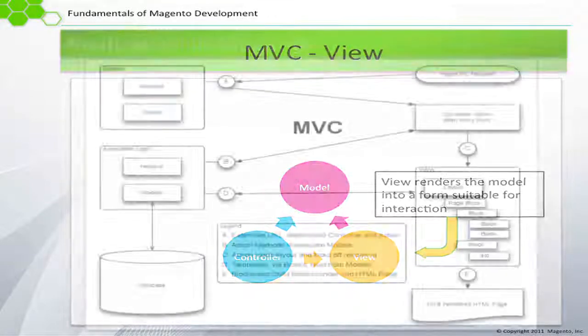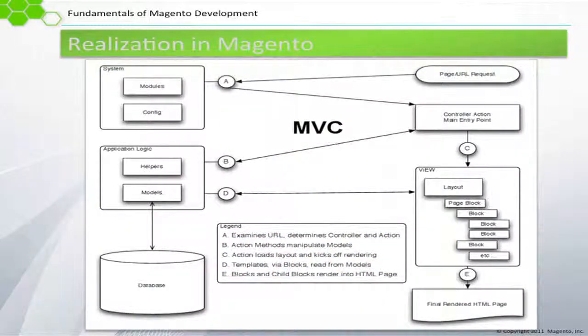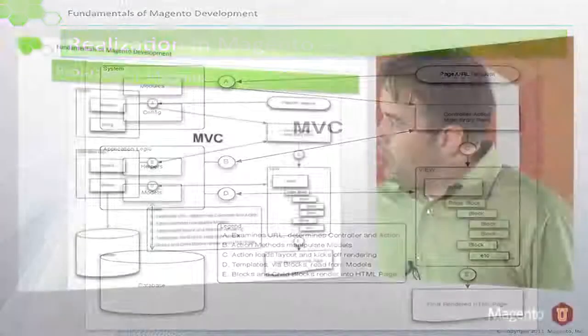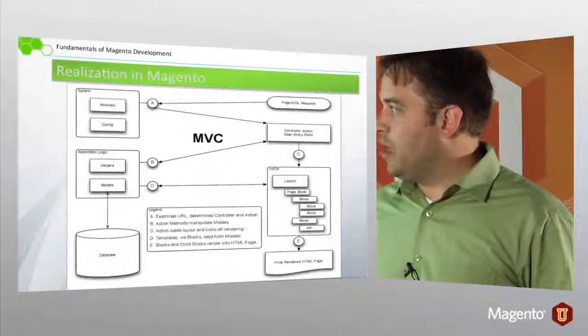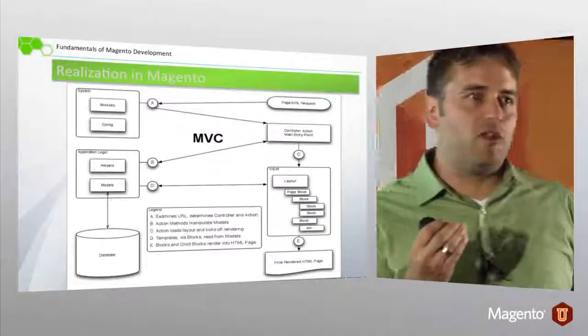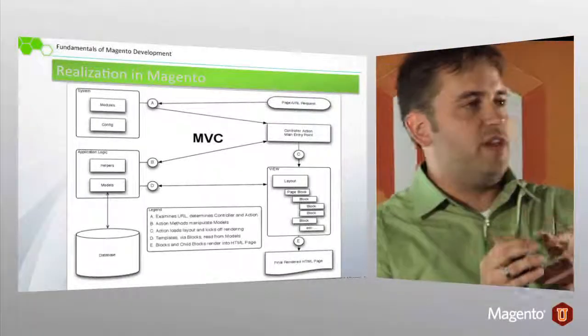And here is a nice flow chart of how that works. So again, the browser hits the server. The system evaluates its configuration either from cache, or if you have caching disabled, it will evaluate it every time. Then we get into our controller layer. Our controller will kick off the layout. Layout is the thing against which all the blocks are created and assembled.